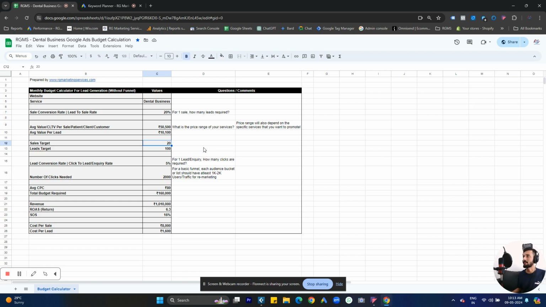So as per our conversion rates, we can understand and calculate how many leads we would need to get those 20 sales. Okay, so now how to calculate this leads target? Again, we will use this conversion rate to come to the leads figure. So we want 20 leads, sorry, not 20 leads, it's 20 sales.